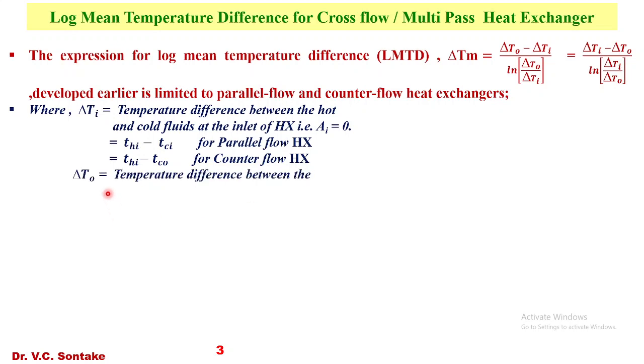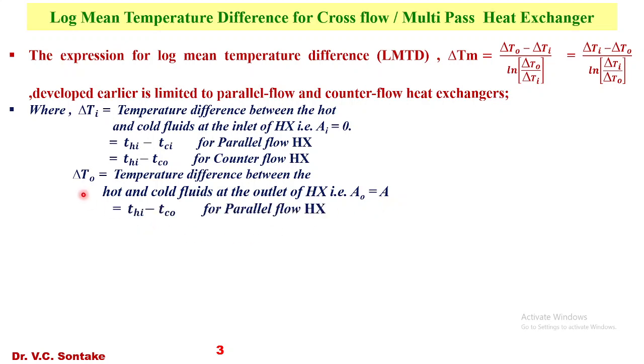Also, delta To represents temperature difference between the hot and cold fluids at the outlet of the heat exchanger, that is A is equal to entire heat exchanger area. This delta To can be given as Tho minus Tco for parallel flow heat exchanger and Tho minus Tci for counter flow heat exchanger.